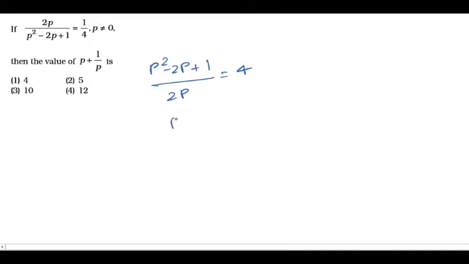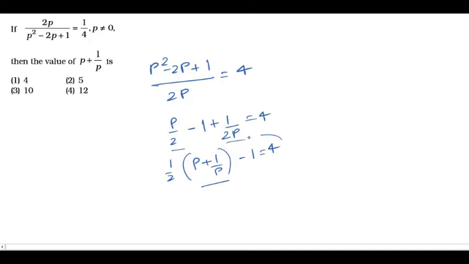This becomes p by 2 minus 1 plus 1 by 2p equal to 4. So we can take half common here. So half only for this and this case. So half p plus 1 by p, we got what we want here, minus 1 equal to 4. So this becomes 5. So p plus 1 by p equal to 10.